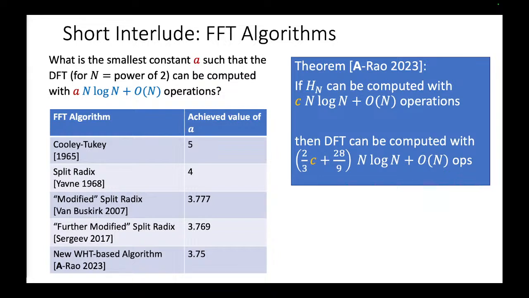And I know that much of my work is about making very small improvements to constants. But some of these algorithms really are used. Like this modified split radix is actually implemented and used in a popular FFT package called FFTW, which stands for Fastest Fourier Transform in the West.